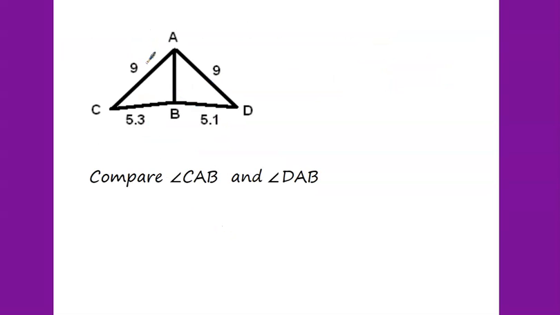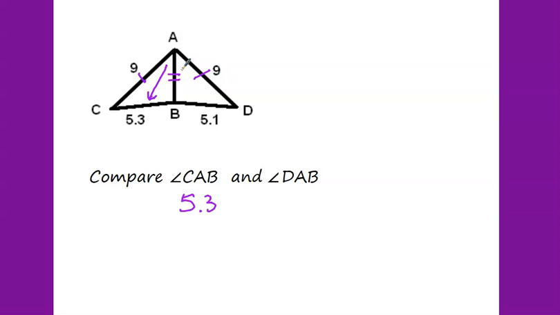With the triangle inequalities, we have CAB and DAB. We're comparing these two angles. We have two sides of the triangle that are the same. We have the 9s, and then they share a side here. So 2 of the 3 sides are the same. It's this third side that is different. So if I'm looking at CAB, the side that's across from that angle is the 5.3.